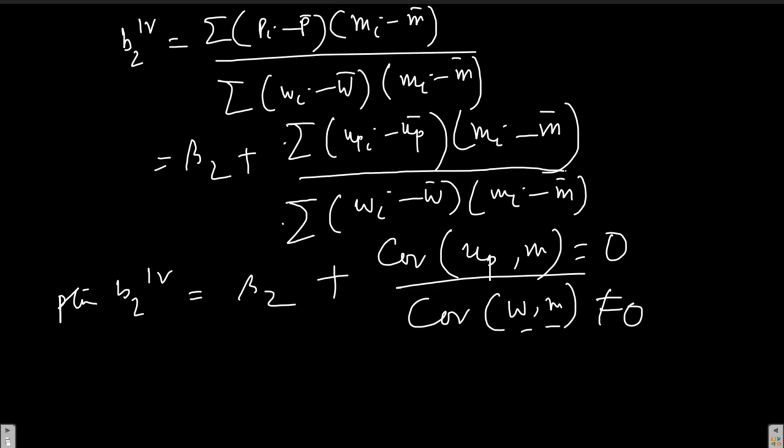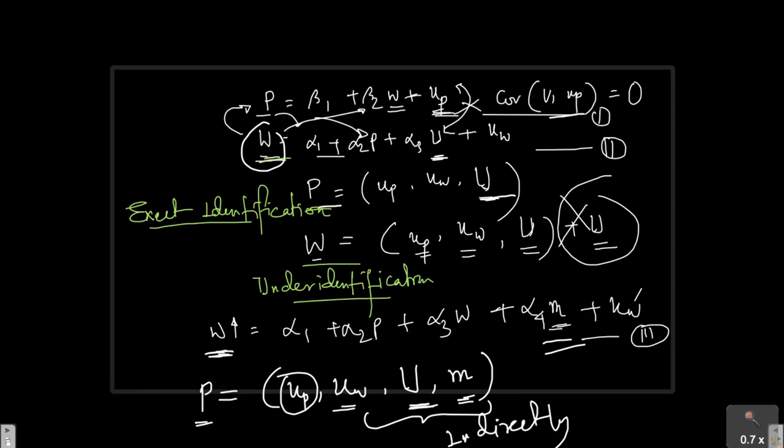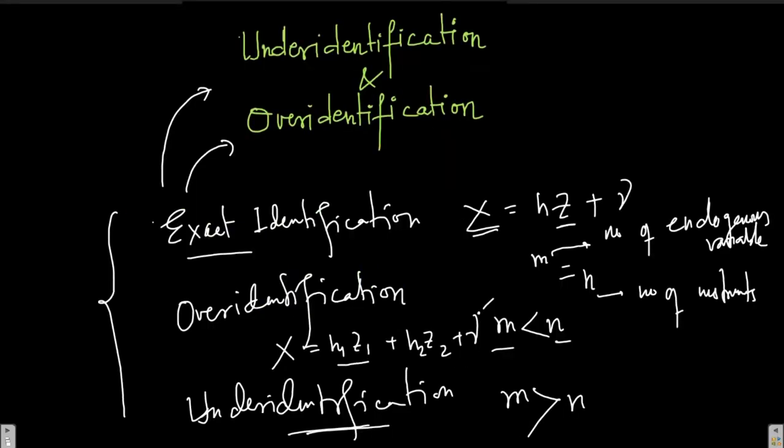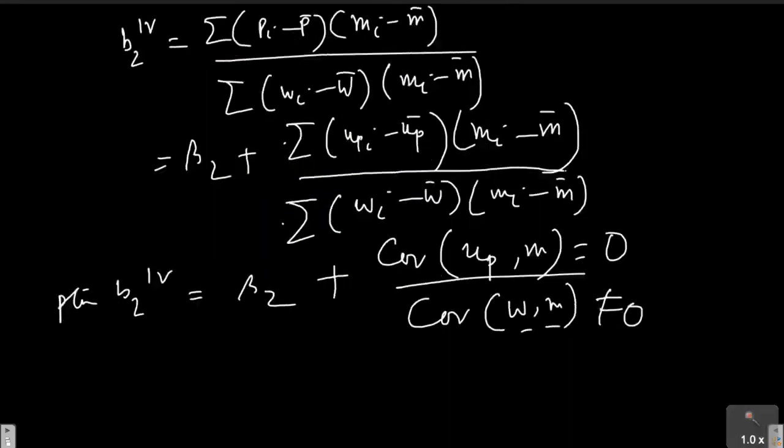So instead of using one instrumental variable, we actually use both instrumental variables. In the IV regression we simply took one IV, but here I am going to use two IVs.